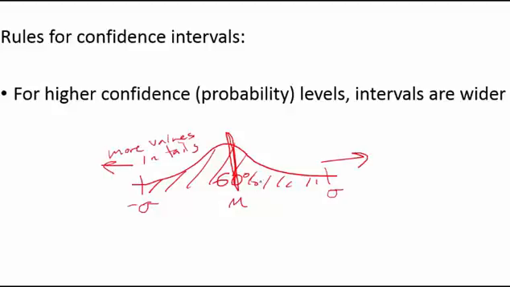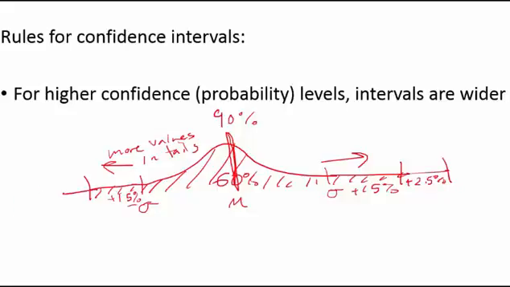If we want to be more certain that this captures the true value, we widen the interval out, and if we add another 15% on each side, now we're at 90. We want to go to 95. I want to add another 2.5% on each side. I need to widen out my interval. Okay, now I'm at 95.